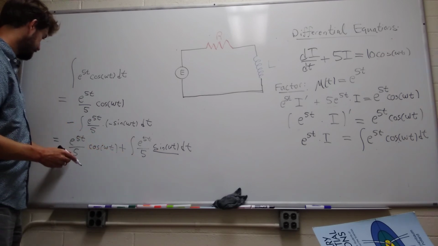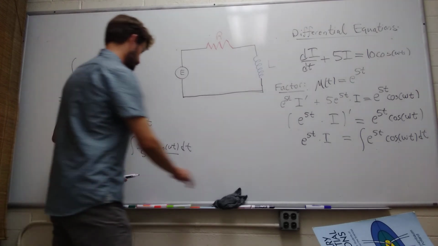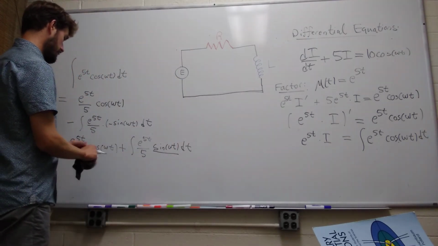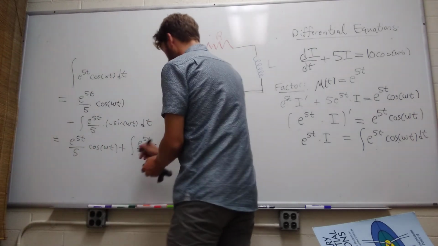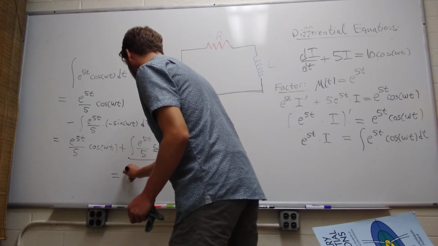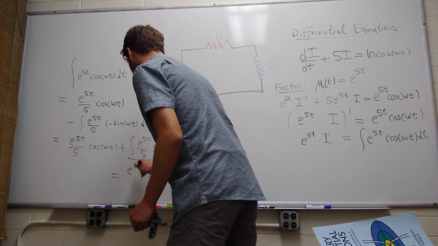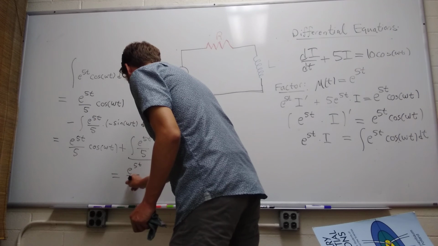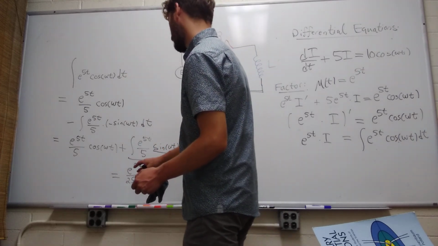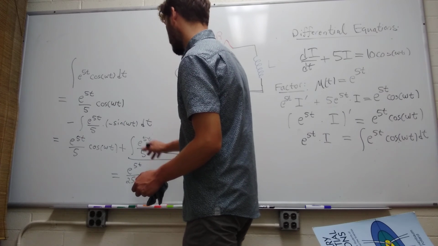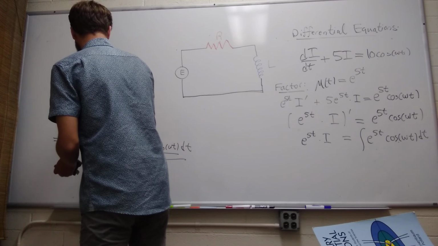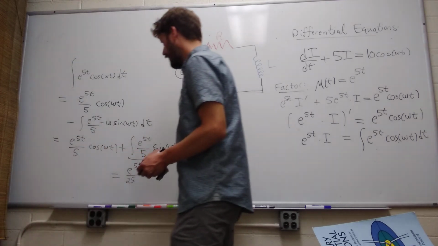So we have this. Now if we do integration by parts to this piece, what do we end up with? e to the 5t over 25 now. I'm sorry, I'm forgetting something. This should have been omega.